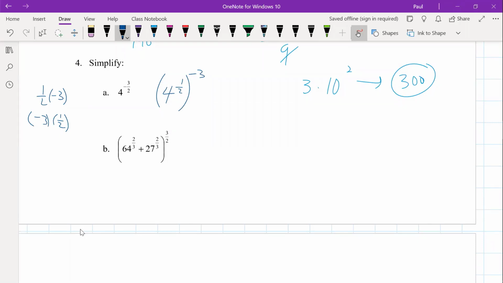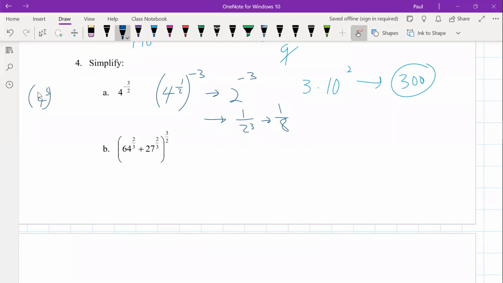I don't mean to lead you into it, but I think that's going to be easier. Go ahead. So you get 2 to the negative third, and then that becomes 1/8. Excellent. If you take the cube first, you can get there. It's just a little trickier.